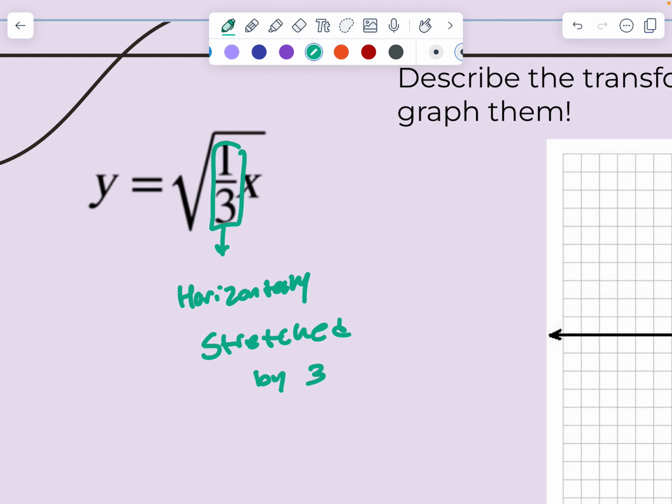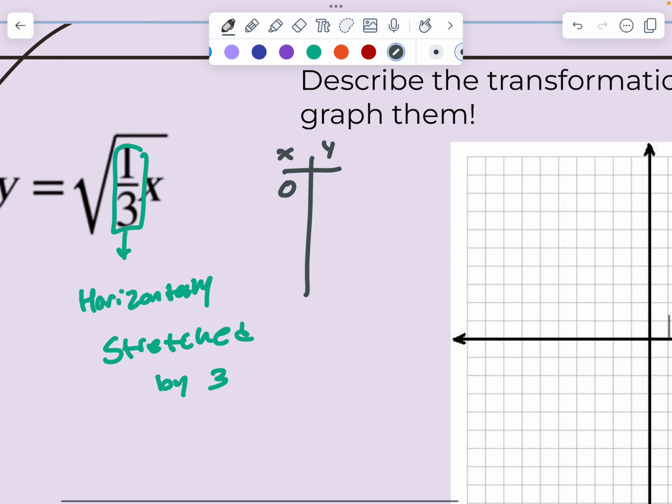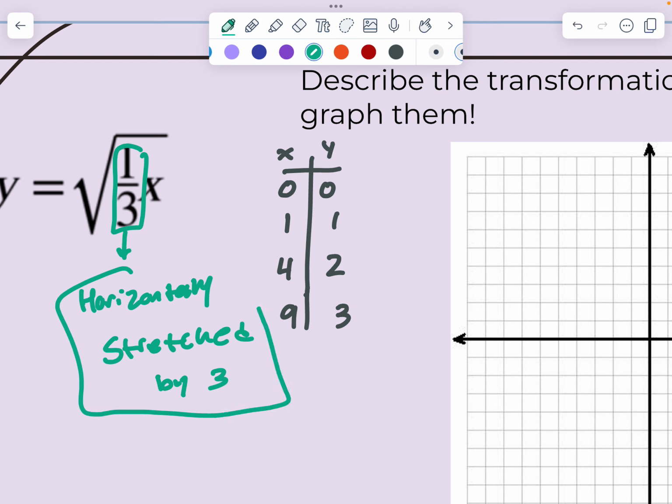So again, I could do the normal pattern of the square root function, but what I like to do is start with my parent function. So these are the coordinate points I would normally worry about, but I need to horizontally stretch everything by 3. So I'm going to multiply all of my x values here by 3.